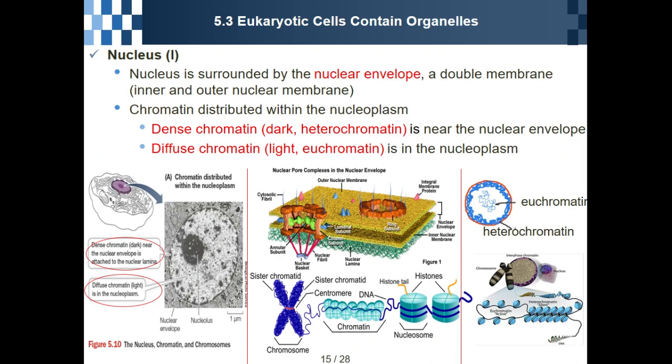The diffuse chromatin, the light region, we call euchromatin, and it is located in the nucleoplasm, but I will not cover it in detail.